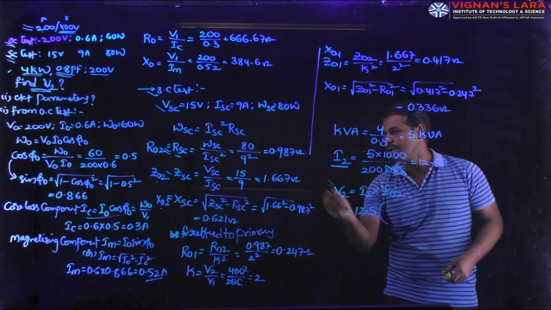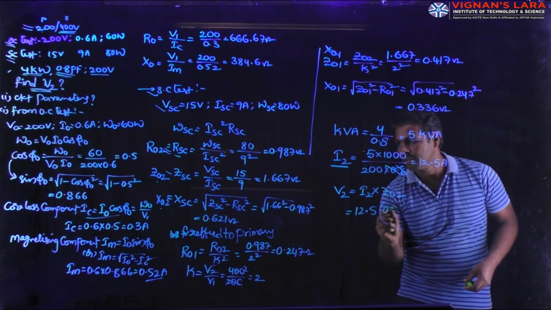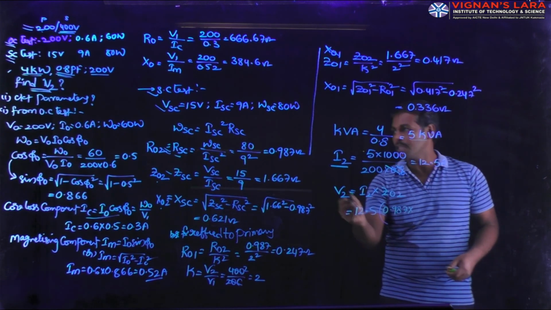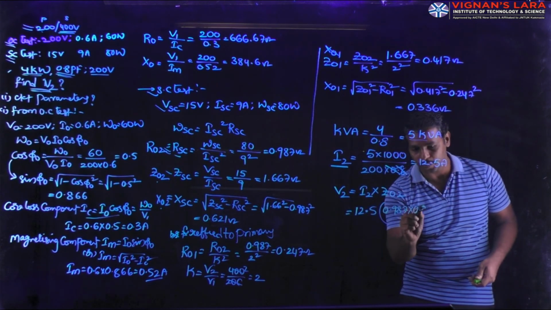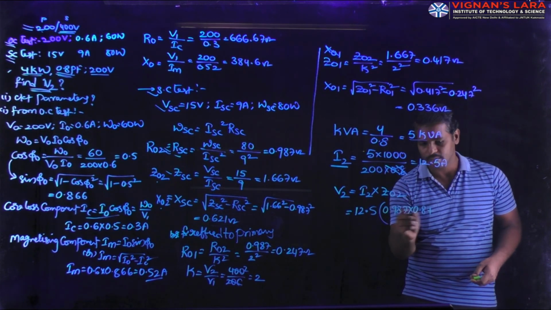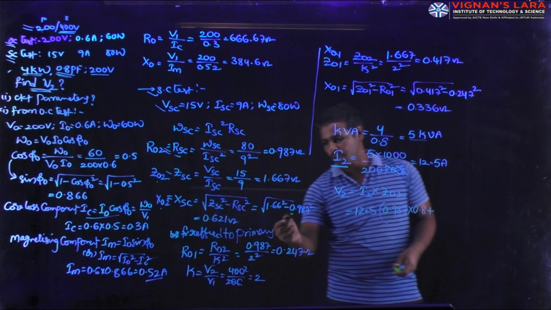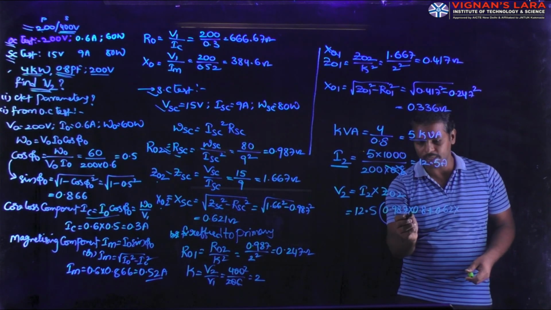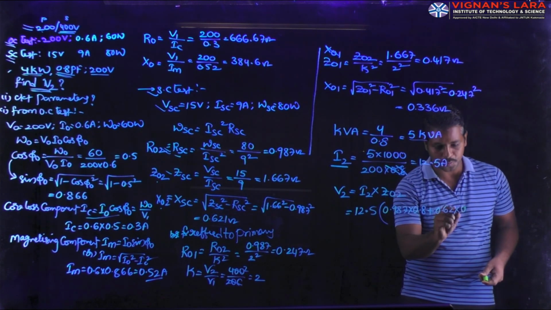So that is R02, 0.987, multiplied with cos phi, 0.8, plus X02, 0.621, multiplied with sin phi, 0.6.